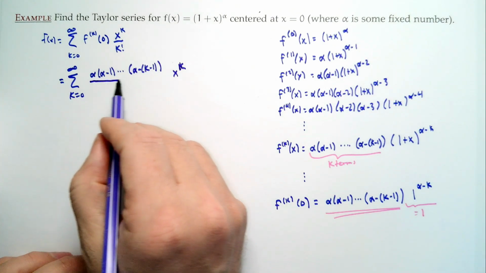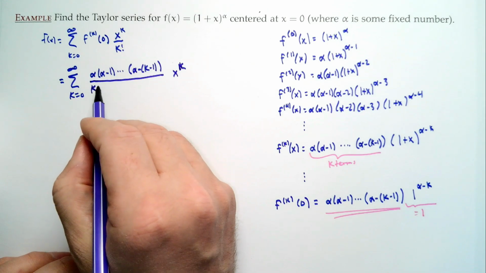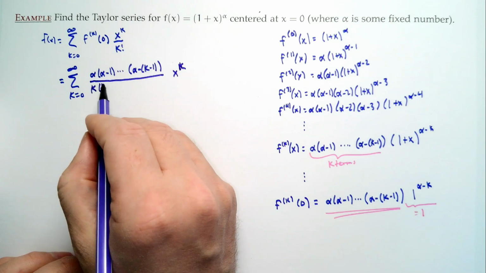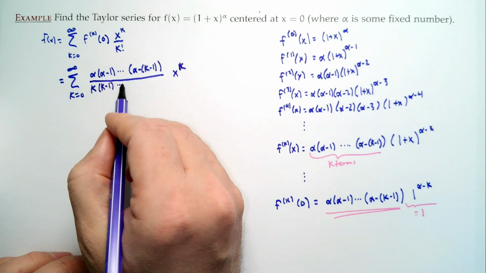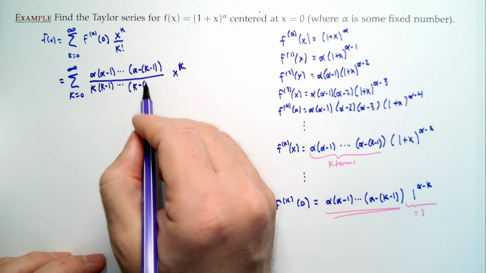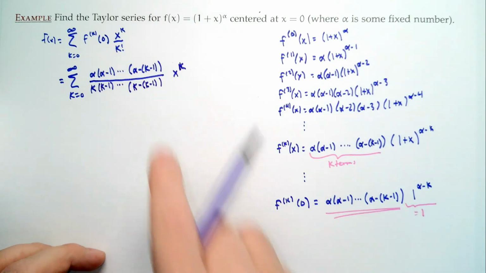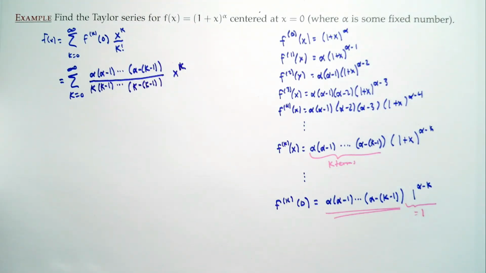I'm going to think of the k factorial as starting with k, then in the next term, k minus 1, dot dot dot, to the last term, which is 1. So that is the correct answer, but it doesn't have the most elegant form.